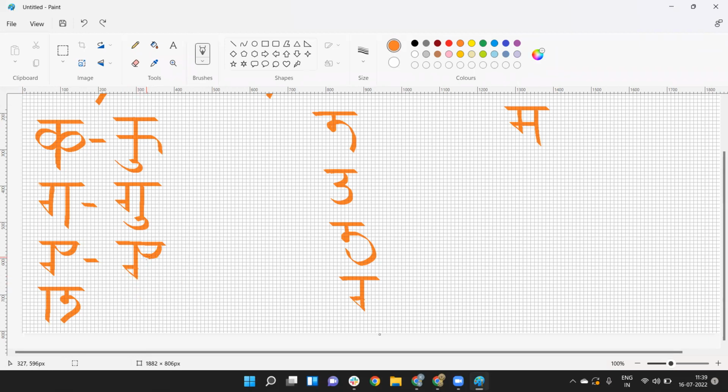We attach the matra to this particular shape here. And this is Jhu. This is matra U attached to it.